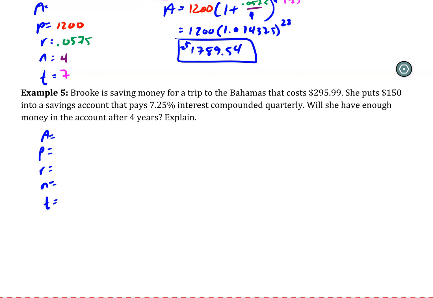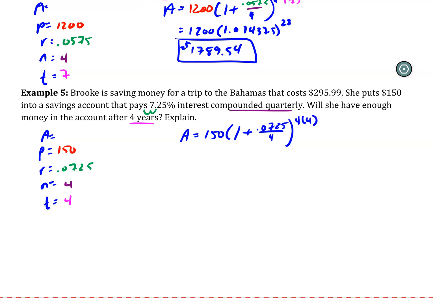We've got she's investing $150 at a rate of 7.25%. So it's going to be 0.0725. Compounded quarterly, so again, that's 4, and we're doing this for 4 years. So A is going to equal 150 times 1 plus 0.0725 over 4 raised to the 4 times 4.